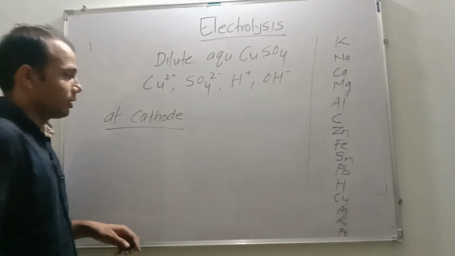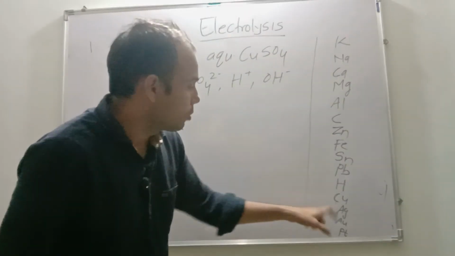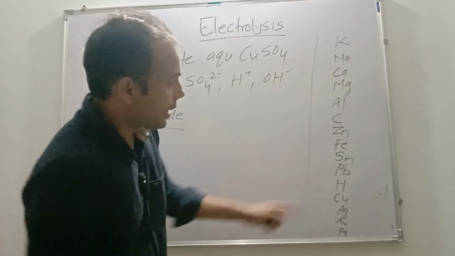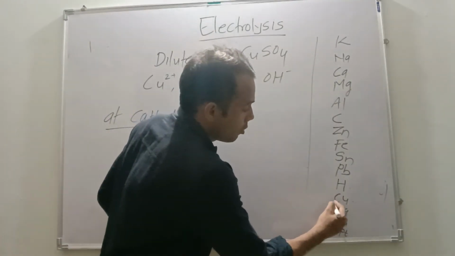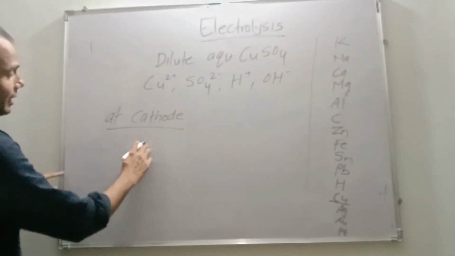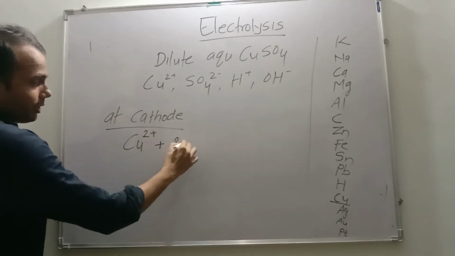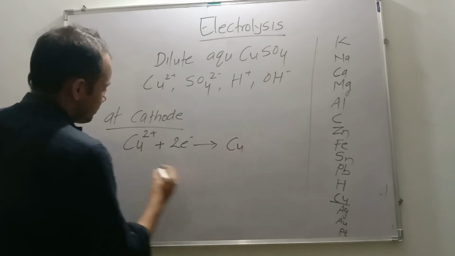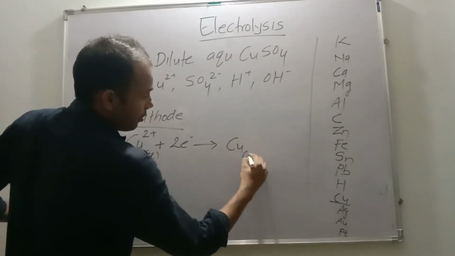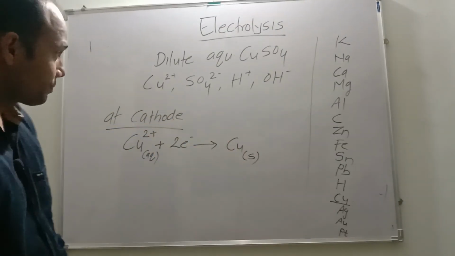In this case the metal which is at the bottom of the series discharges first. Hydrogen is here and copper is here, so copper is going to discharge first. That's the reason why at cathode copper 2 plus aqueous accepts 2 electrons and forms copper solid. So at cathode we are going to collect copper.